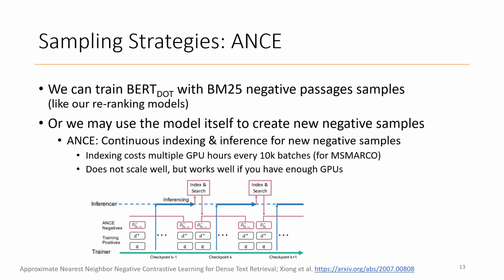Here, the indexing costs multiple GPU hours every 10,000 batches, which does not scale well and takes a lot of compute to do.